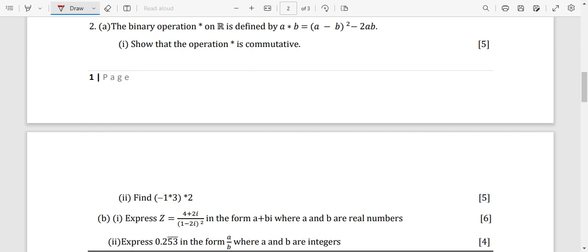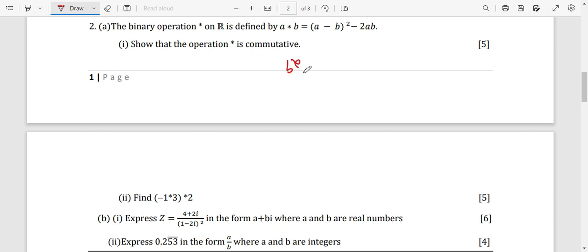So can you kindly repeat the last part? On the last part, which one? The last part, like when you are comparing the two. You mean doing it again, or the part for a star b is equal to b star a? The part of this. Okay.